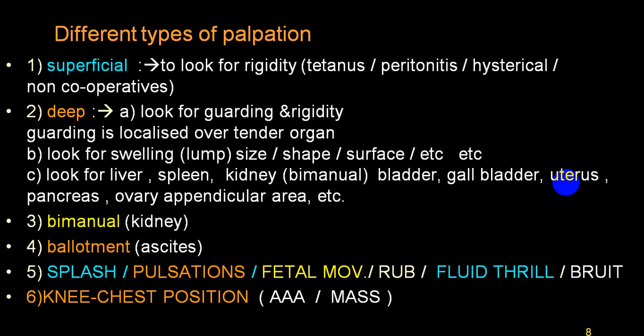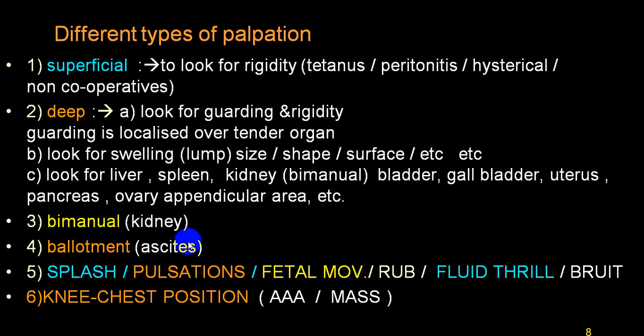In case of appendicular pathophysiology, particularly inflamed appendix or appendicular mass, you will have a mass formation which may be palpable per abdomen in the right iliac fossa. Only in case of situs inversus, it will be in the left iliac fossa.